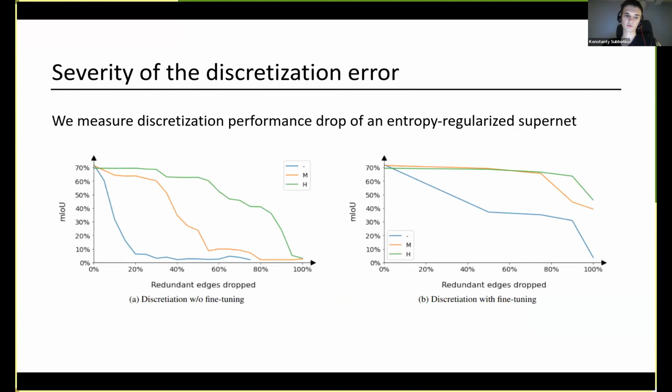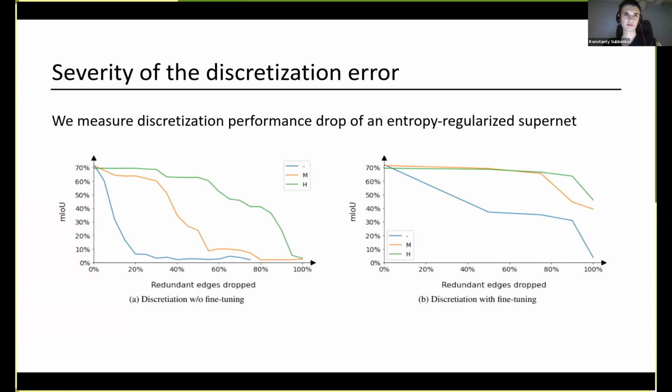Then we try to quantify the discretization error by measuring performance drop after removing a certain number of least important architectural parameters. You can think of it as a simple proxy of the discretization error. We conducted these experiments for supernets trained with different entropy regularizations, and these different curves on both plots correspond to supernets trained with different entropy regularization.